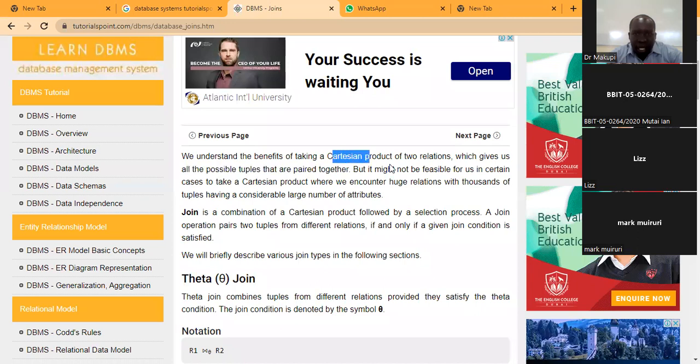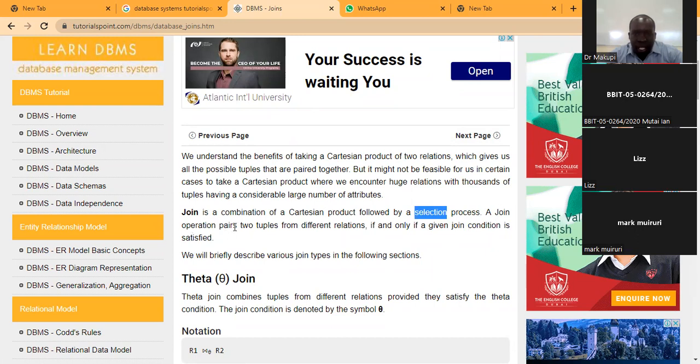That is, the individual columns that can be paired. So a join is a combination of Cartesian product followed by a selection process. Remember, you will still be using the select statement when you are doing joins.